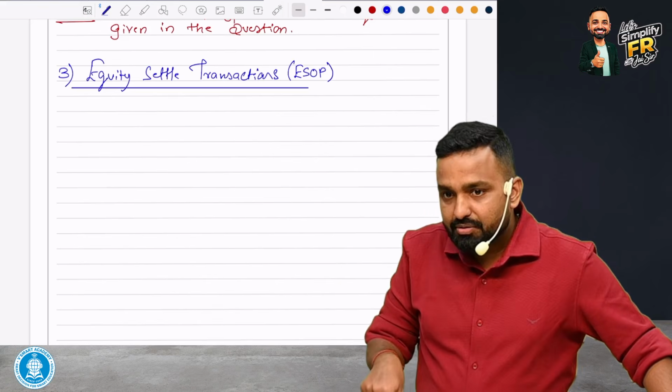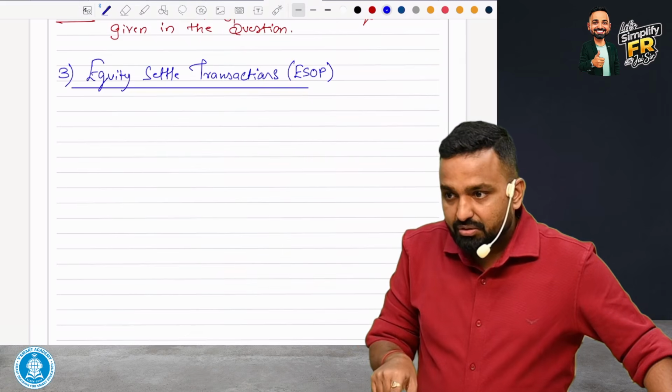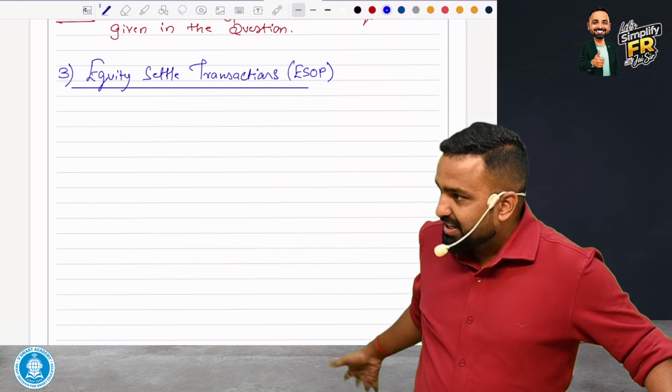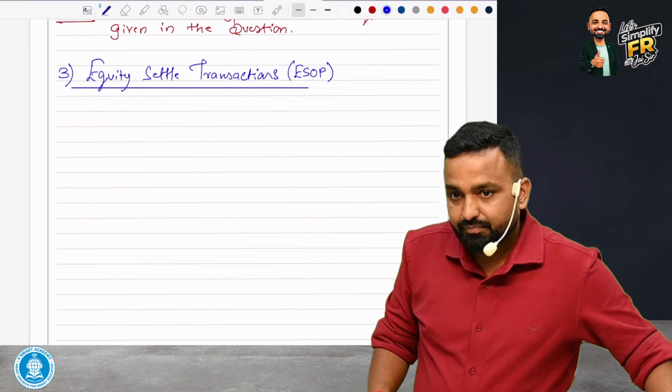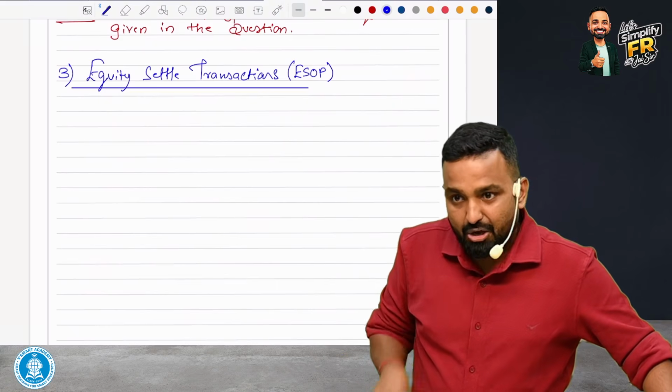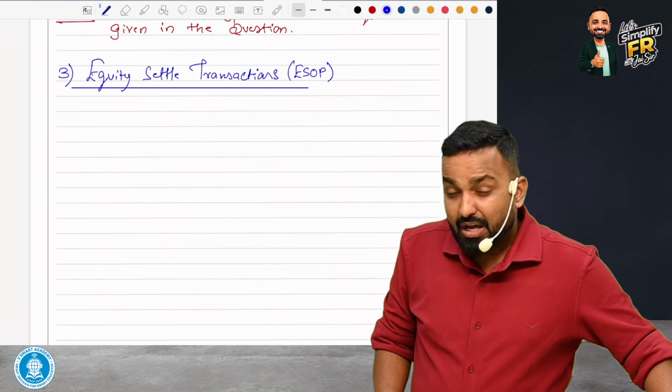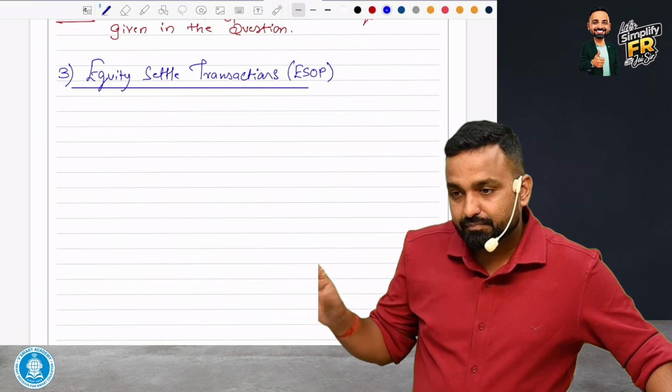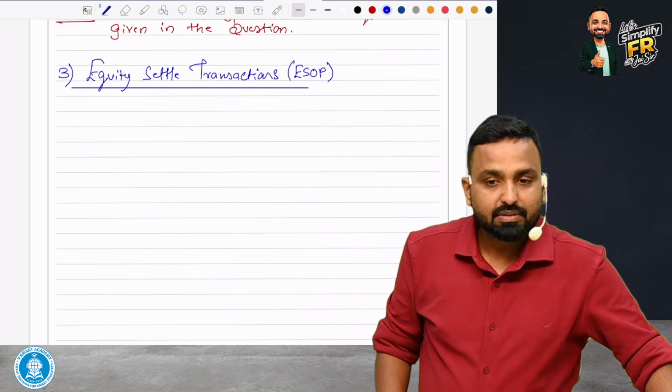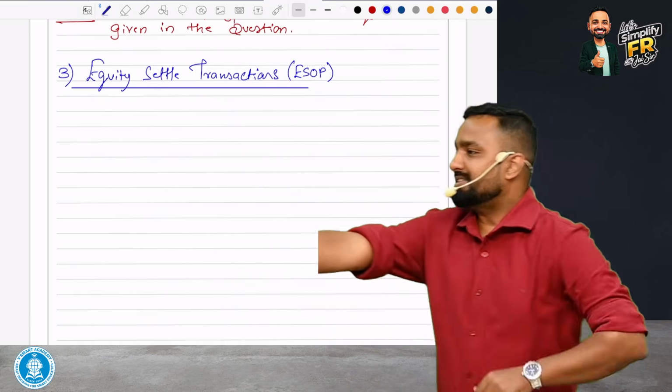How many employees? 500, out of which 50 are gone. They are not eligible. How many left at the end of the first year? 450. I am estimating 80 will go more. Estimated number of employees is 370.